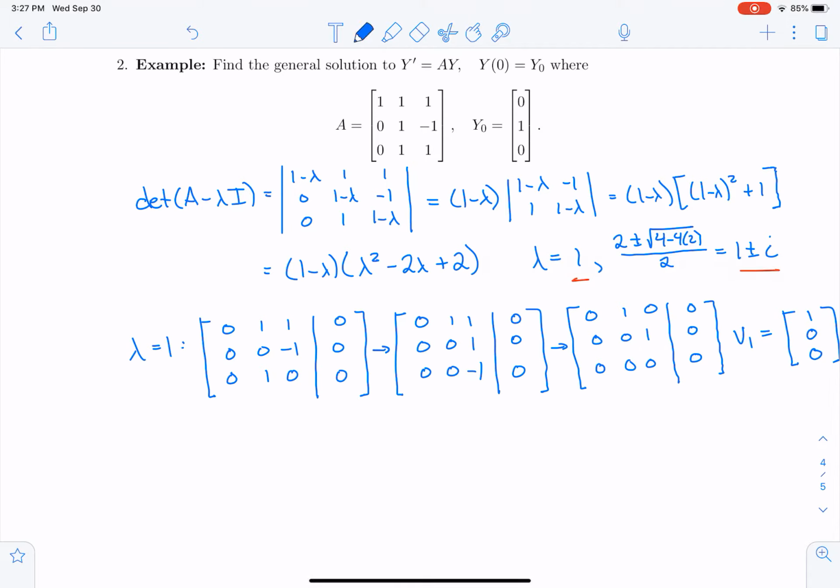Okay. Now, let's move on to our second eigenvalue. That's going to be 1 plus i.